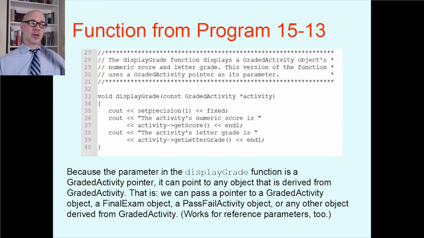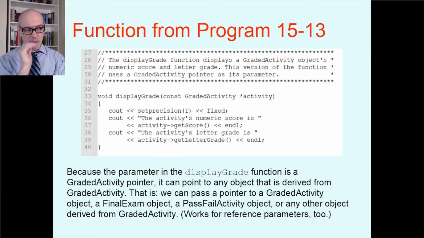You can pass in a pointer to a curved grade activity object. Why? Because they're all graded activities. They're all just special types of graded activities. So they count as graded activities, and therefore you can pass all of those things to this function, and that is accepted by the graded activity pointer, because they all count as that type of thing, plus more special stuff.